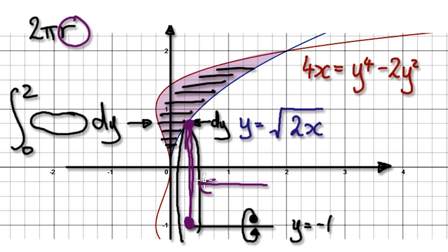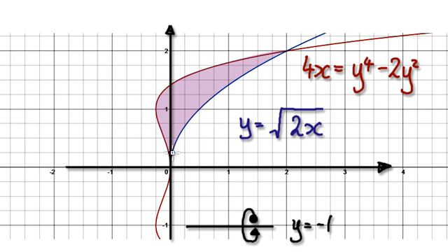The radius here would be, don't forget you're integrating, so you're moving along here. The radius at this one particular point would be, well, don't forget you're moving in the y direction. The radius here would be y.